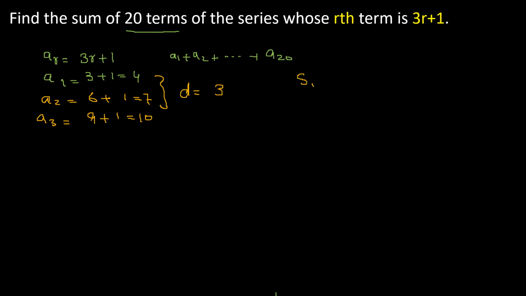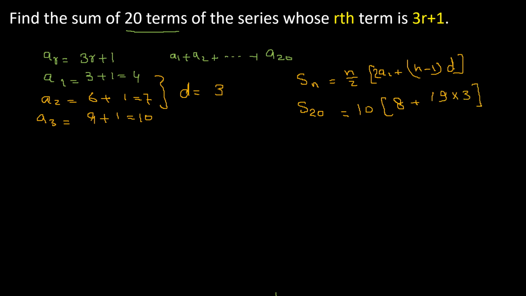So the formula says that Sn equals n by 2 into 2a1 plus n minus 1 into d. So here we can use this formula as well. We have to find S20. So it makes it 10 into 2 times a1, and a1 is 4, which makes it 8, plus 19 times d, which is 19 multiplied by 3.